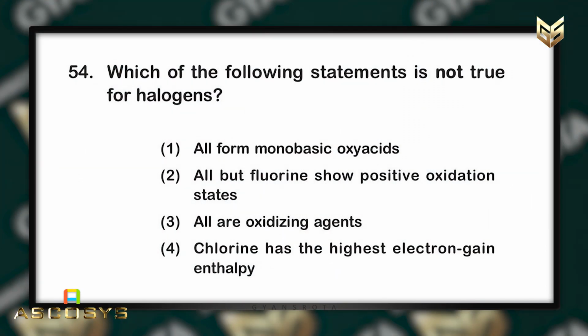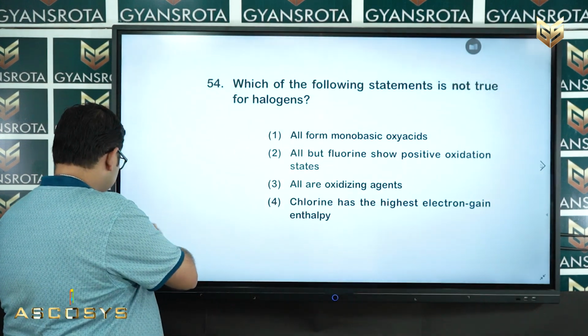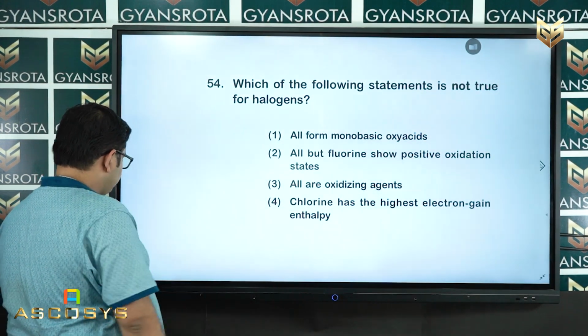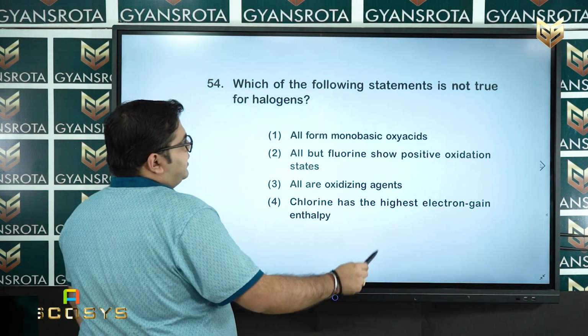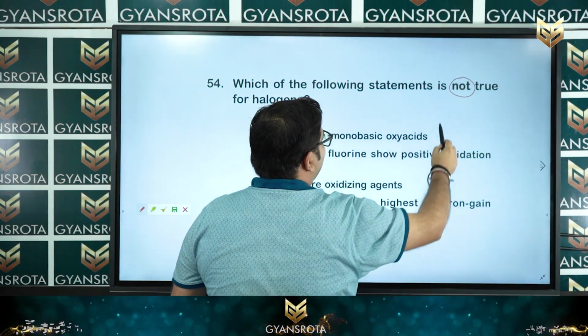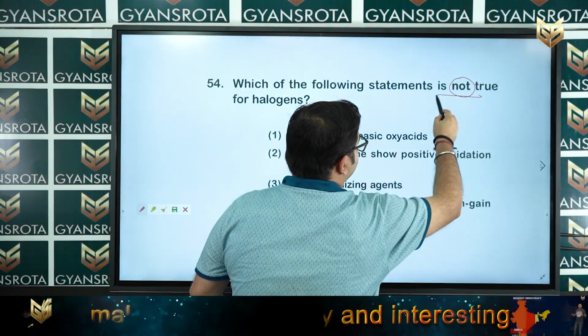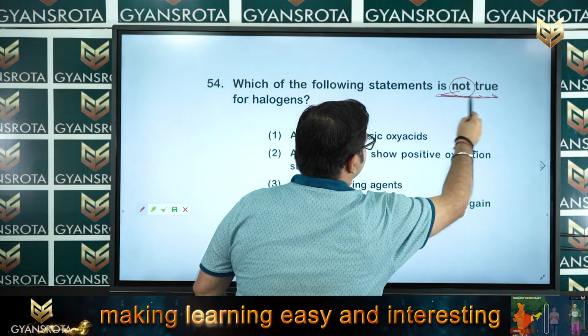So, which of the following statement is not true for halogens? Now, we are moving to the solution part. So, again I already mentioned, if they ask you yes, no, correct, incorrect, decreasing and increasing, first mark it, okay, not true.